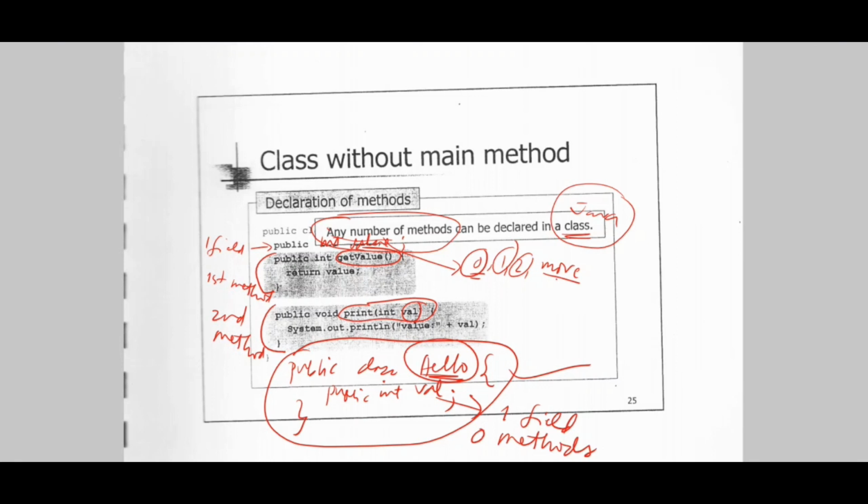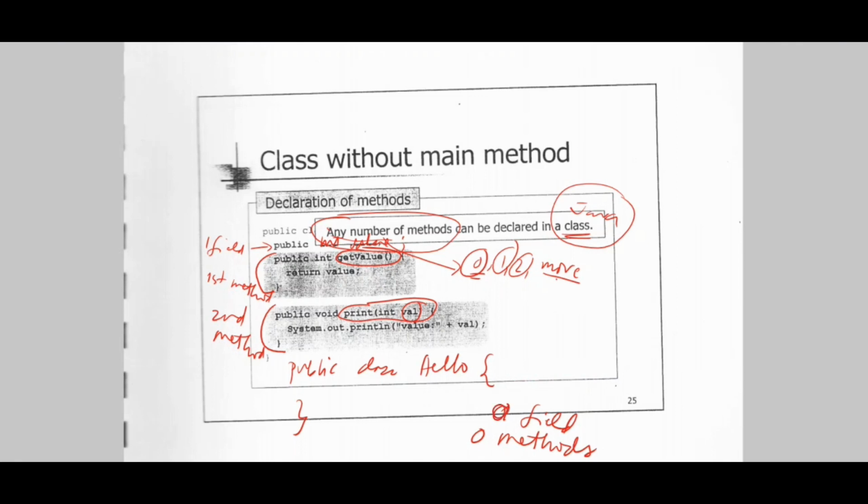Now, is it possible that this Java class will have no fields and no methods? Yes, it is possible, because it says previously that the number of fields for a Java class may be any number, so it could be zero. So it is possible for a Java class like this one to have no fields and no methods.